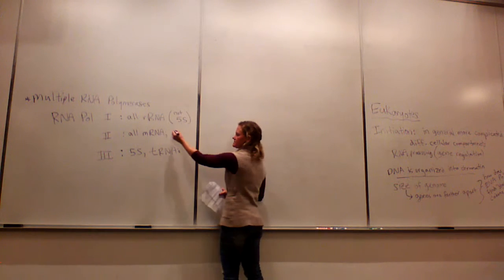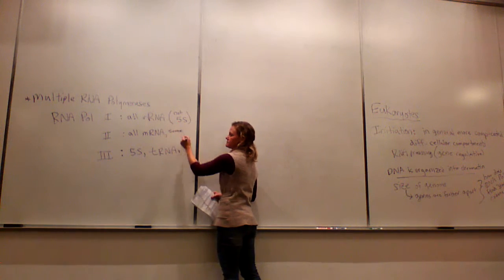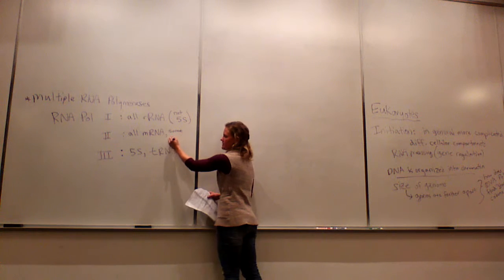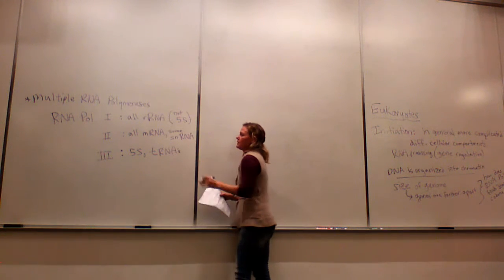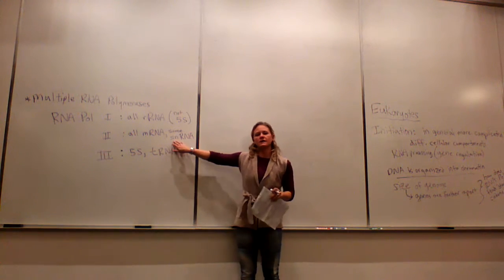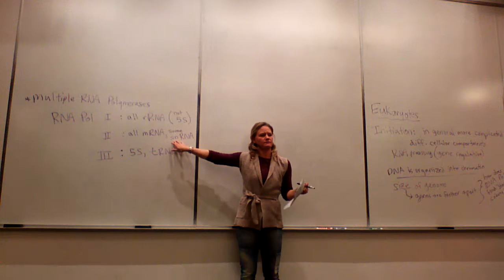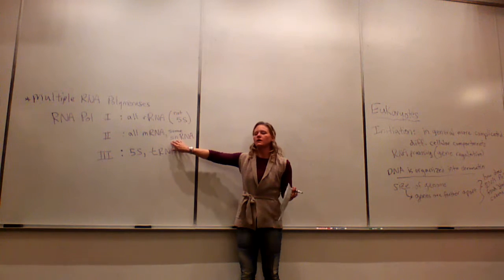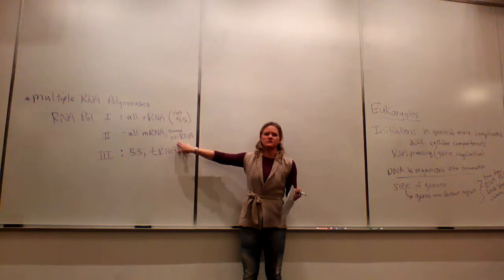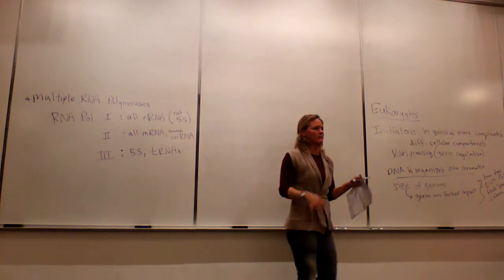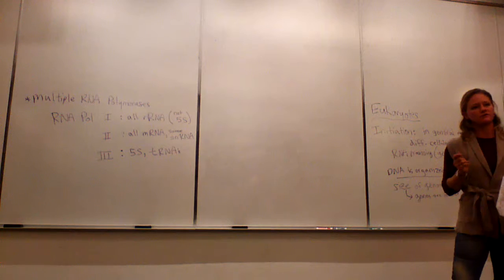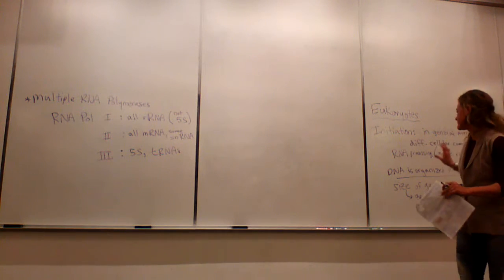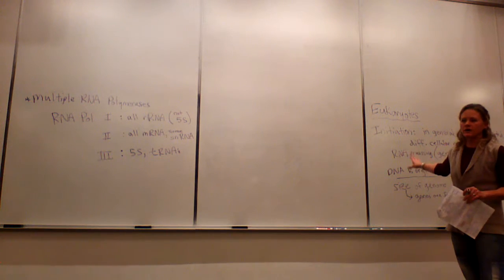For now we'll keep it simplistic and talk about what's called small nuclear RNA, snRNA. This might be a new type of RNA for some of you. We will talk about what those do when we start talking about RNA interference and RNA silencing and stuff to do with eukaryotic gene regulation.